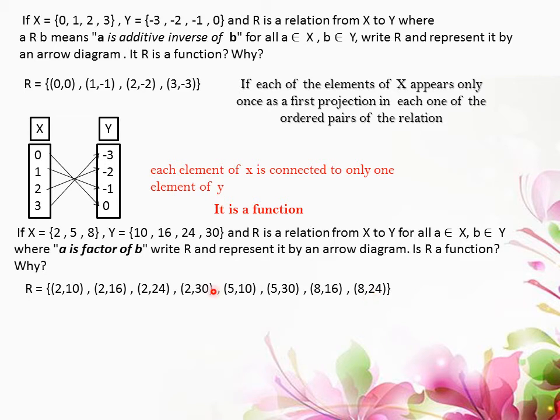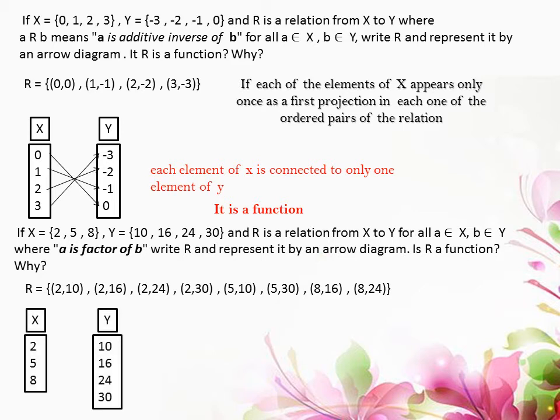We can notice that 2 is repeated 4 times, 5 repeated 2 times and 8 2 times as a first projection. So we can represent it by an arrow diagram like this: 2 to 30, 2 to 24, 2 to 16, 2 to 10, 5 to 10, 5 to 30, 8 to 16 and 8 to 24.